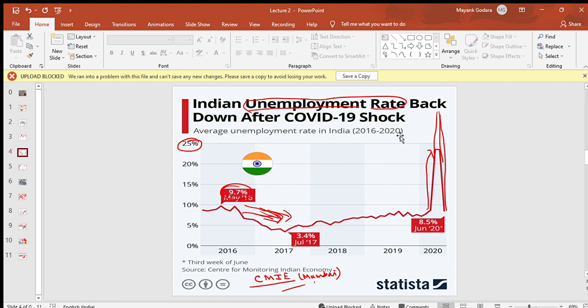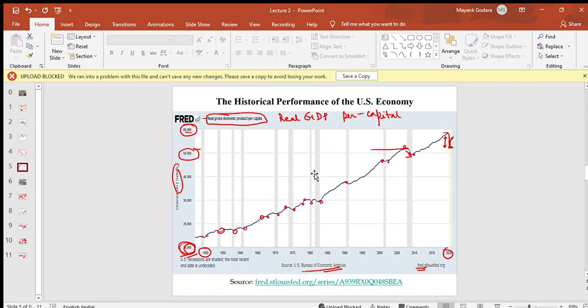And here is the unemployment rate in India. You can see that almost 25% of the population of India was unemployed at the time of the COVID shock. And you can see the real GDP of the USA. There is a huge fall in the real GDP per capita of the US.